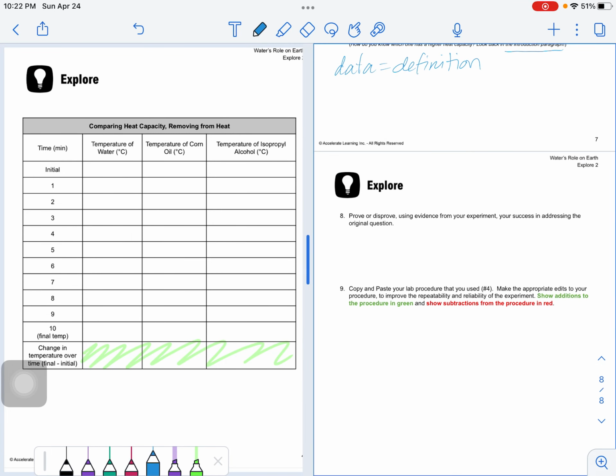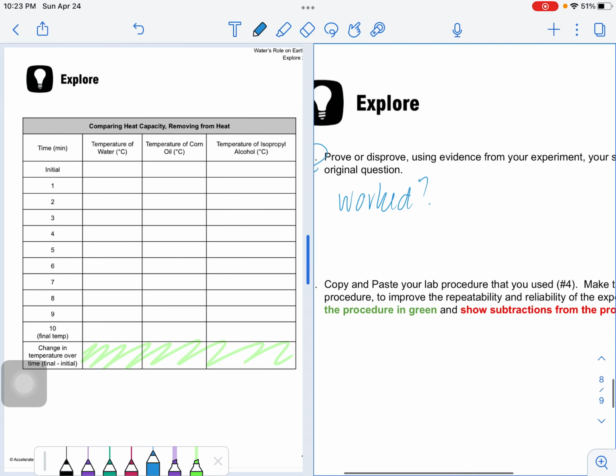Now, the last part here, number 8, is worded really fancy. Basically, was your experiment successful in answering that question? Think about what worked in your experiment to get you the correct answer, or if you were able to get a correct answer, and what didn't work.